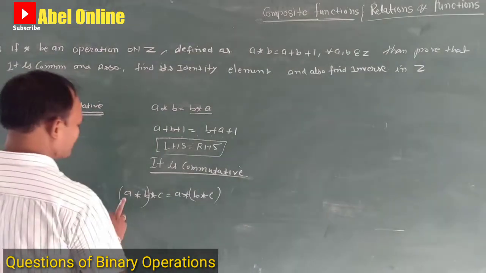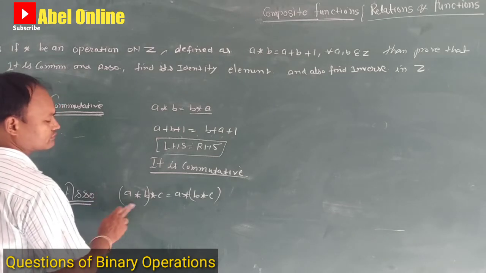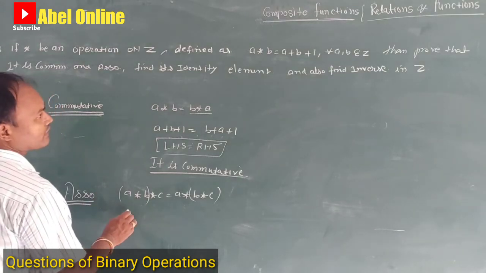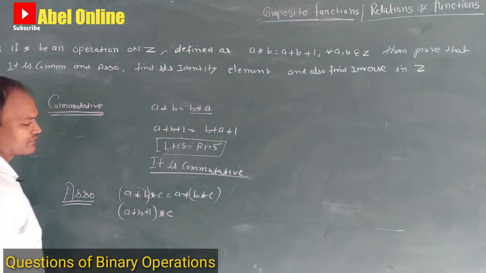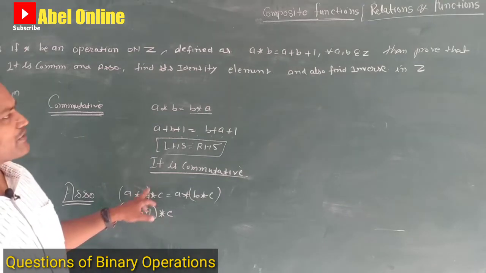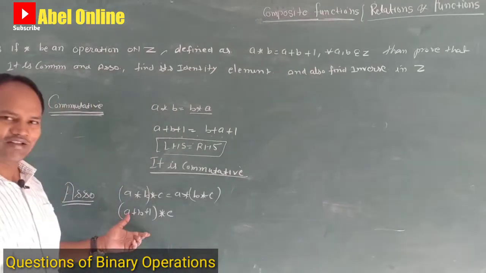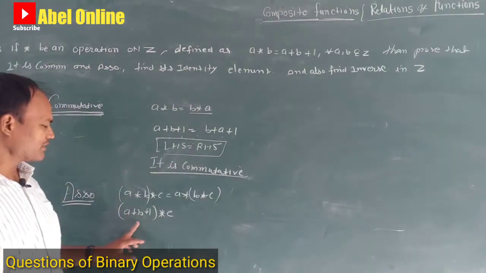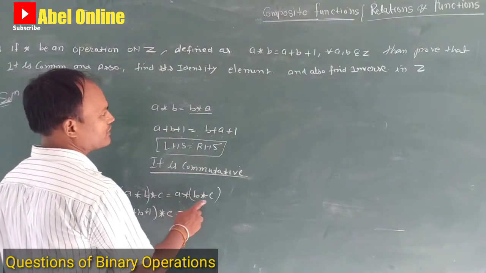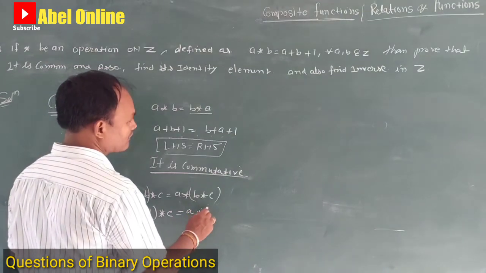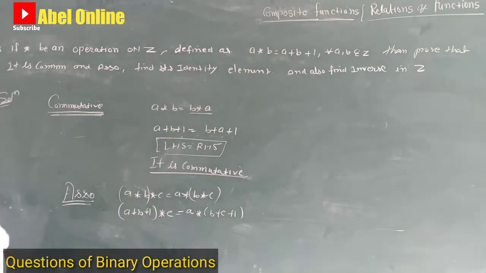So (A star B) star C means A plus B plus 1 star C. A star B means just put the value from here, A plus B plus 1, and here is the C. And B star C means B plus C plus 1.